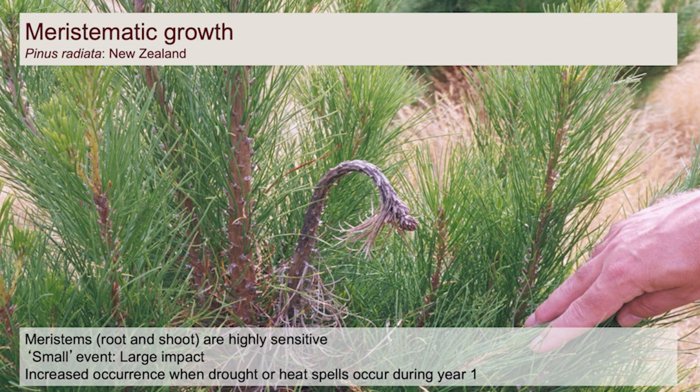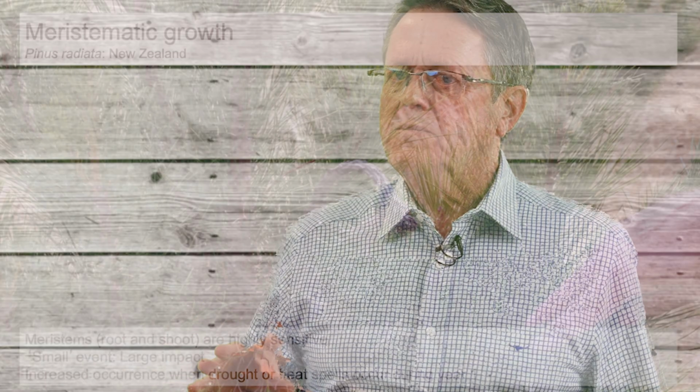However, what is not really well illustrated in those diagrams is how sensitive the apical meristem, the growing point of the plant, is in many, many species. Now, this is an example of Pinus radiata in New Zealand, but similar plantations, of course, occur in Brazil and Finland, Canada, and the eastern seaboard of the US. And these soils where these trees are grown are typically acidic, very sandy, and very poor quality, which is why they're used for these crops.